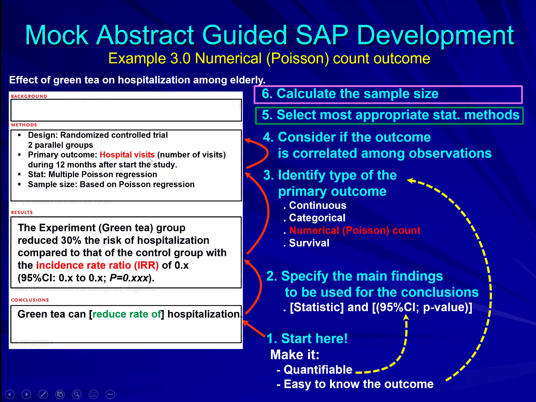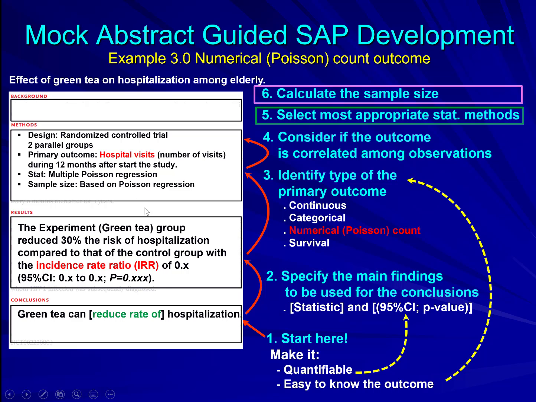If we treated this as dichotomous, a single hospitalization we say yes, ever been hospitalized, or 10 episodes of hospitalization, still yes, haven't been hospitalized, which is not fair. One and many. So numerical count is the appropriate type. We can say green tea can reduce the rate of hospitalization.